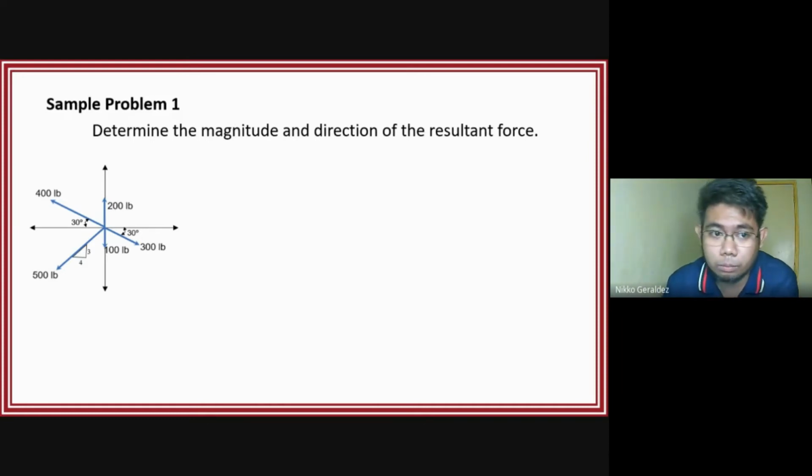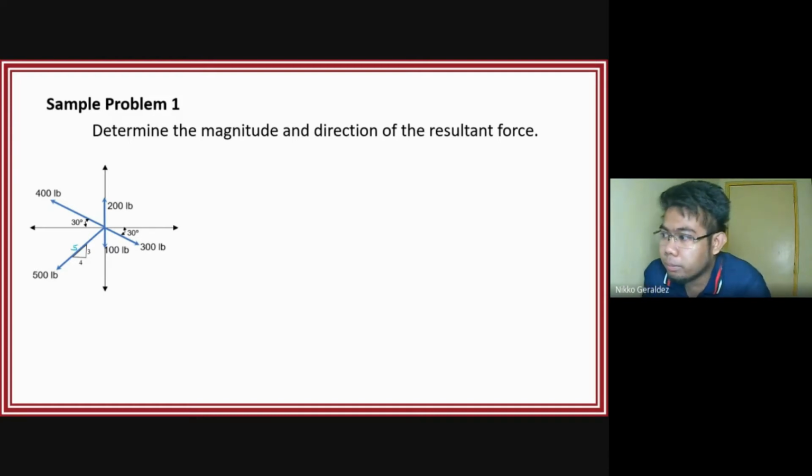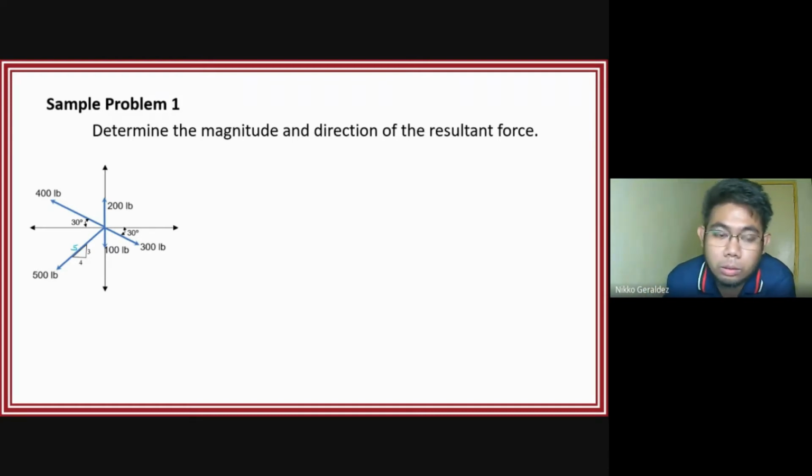Then meron kang small slope triangle, 3, 4, and the other side is 5. Ganyan. Solve natin.